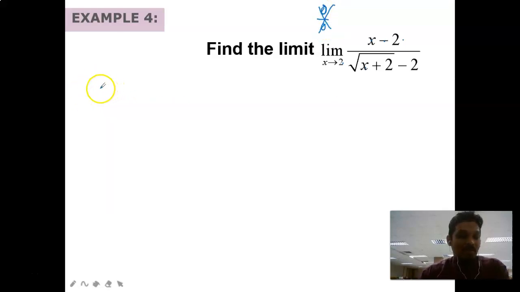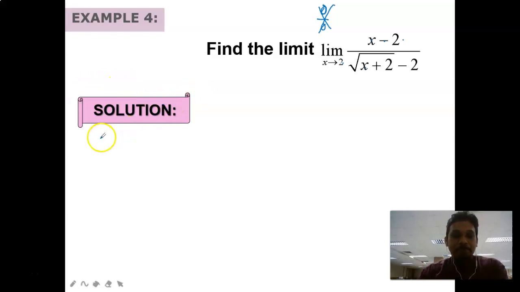So the best thing we can do here now is the limit as x approaches 2 of x minus 2 divided by square root of x plus 2 minus 2. Okay, look at this one slowly, one by one.